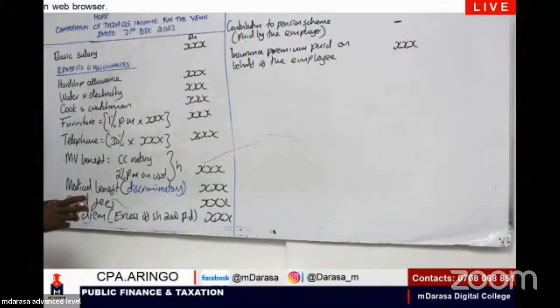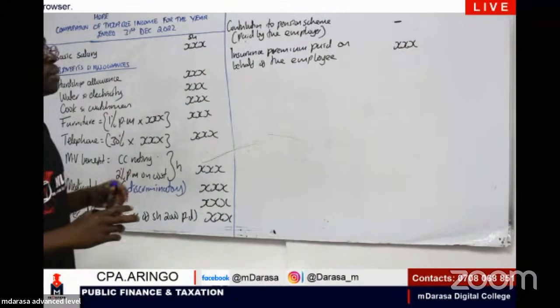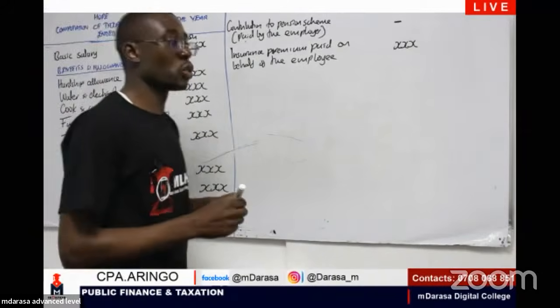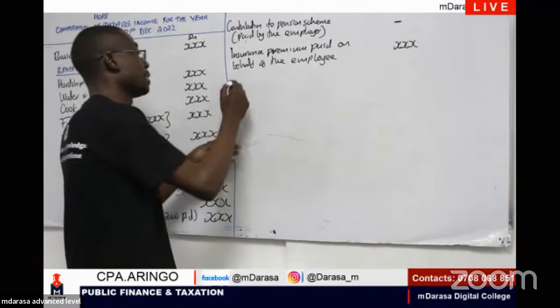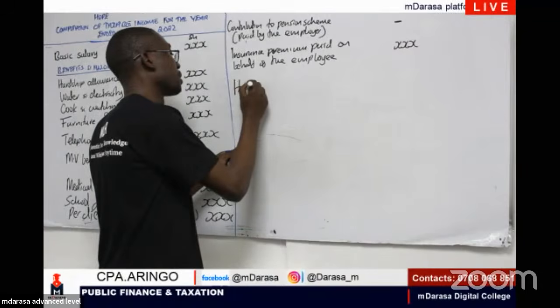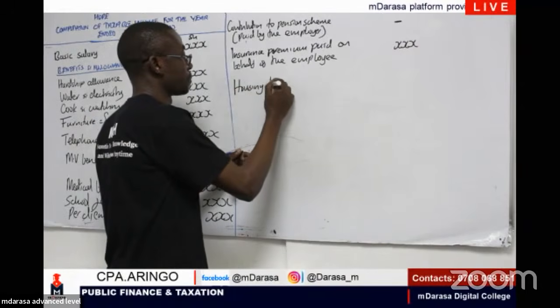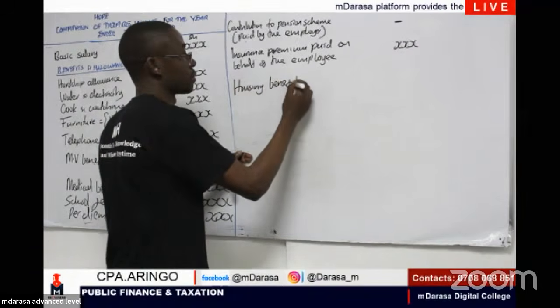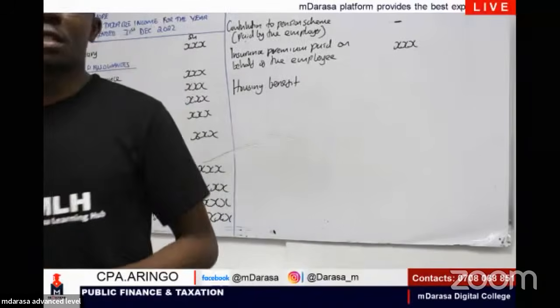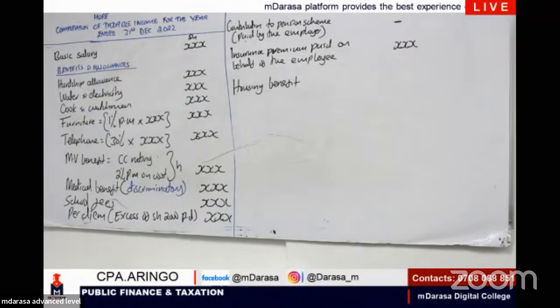You see? So literally, all the benefits that we had. So consider, lastly, our housing benefit. For housing benefit, it would be vital for you to identify if you are dealing with a whole-time, non-whole-time, or agricultural employee.